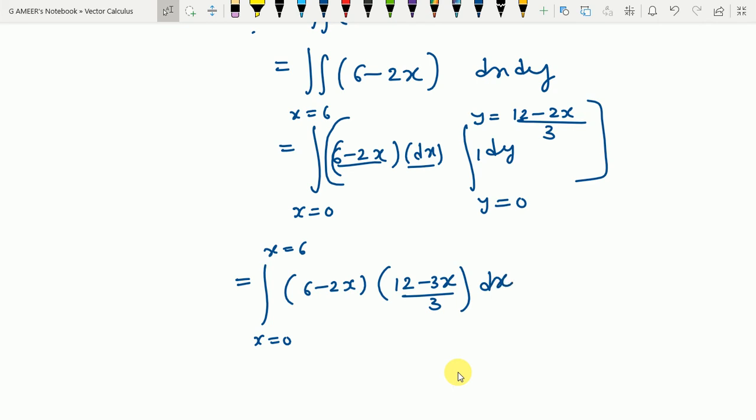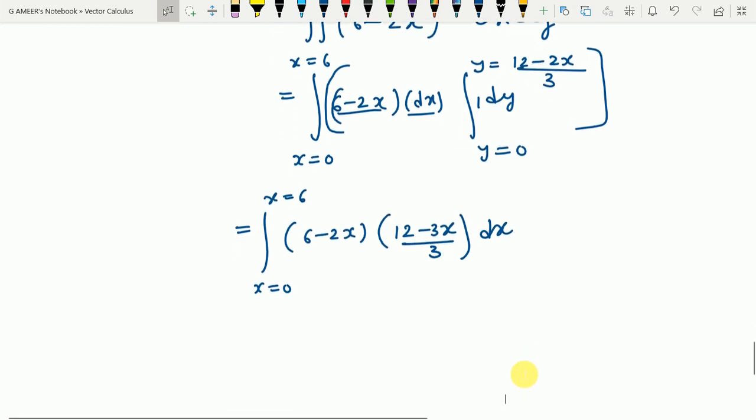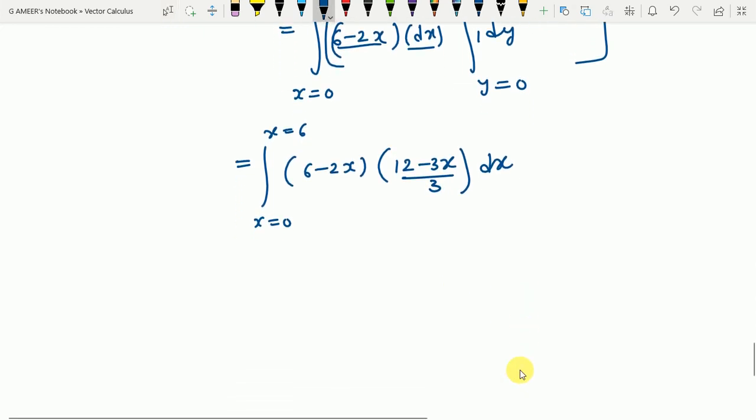Now the 1/3 comes completely outside. First multiply, then integrate. So the 1/3 will be outside the integration, and x goes from 0 to 6.